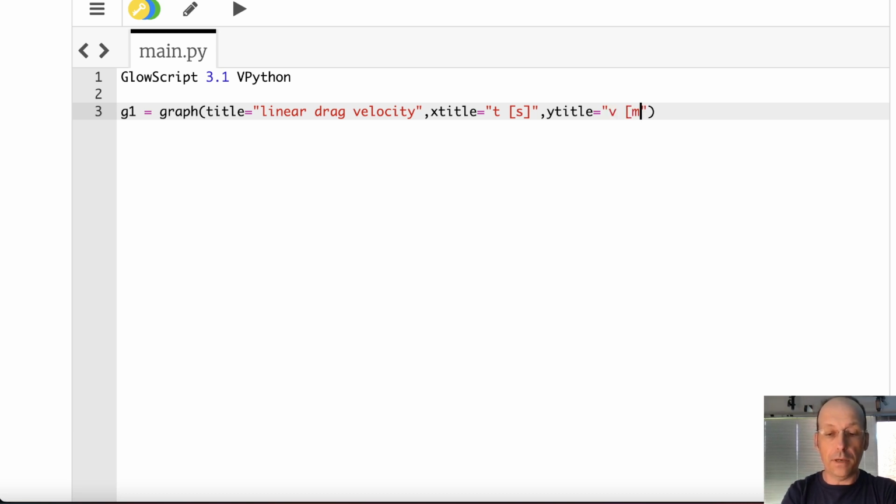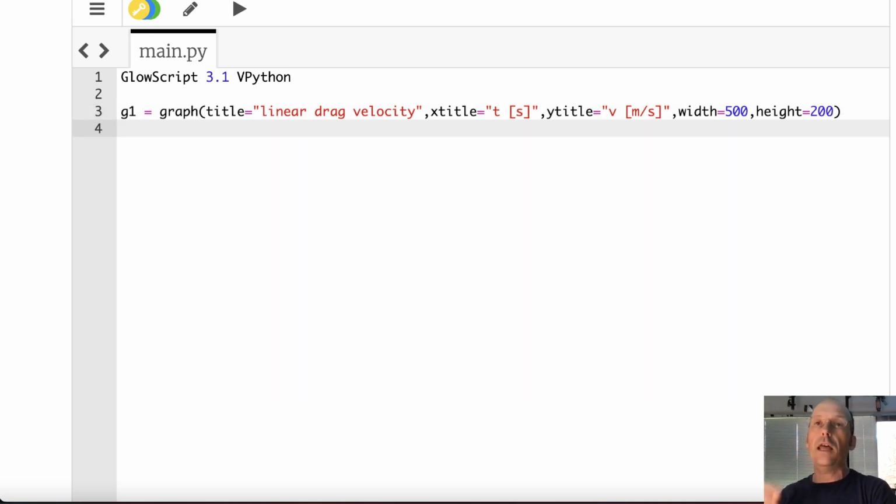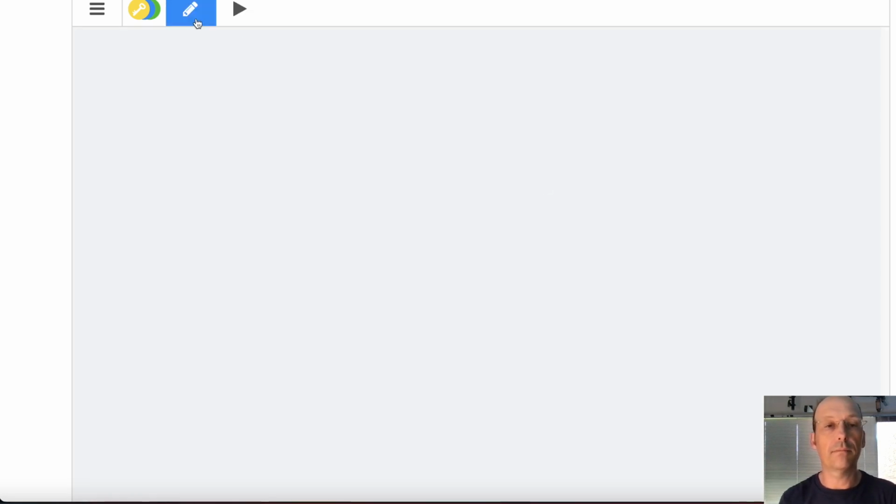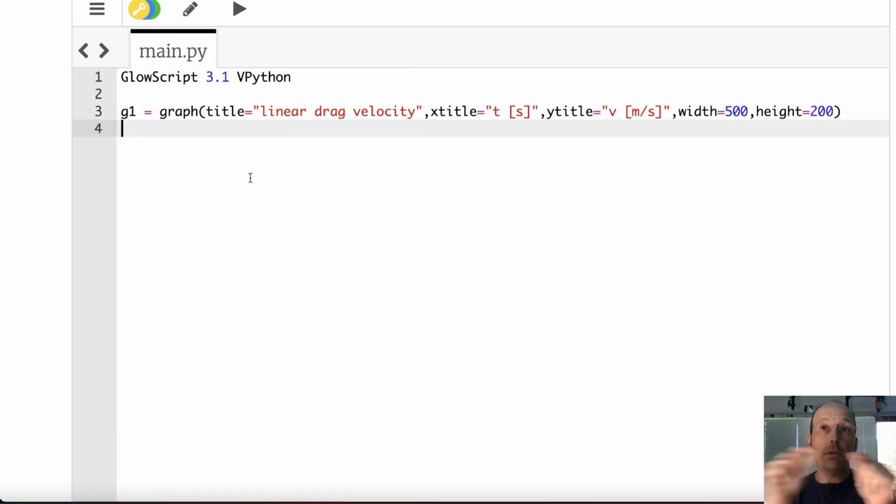And then I'm going to give it a y title: v, meters per second. And then I'm going to give it a width. You don't have to do that, I am doing that. And a height. I'm going to make it skinny. Height equals 200. And then you'll see why. Okay, so now that just makes the graph. Nothing would really happen if I run that. I need to plot something in there.